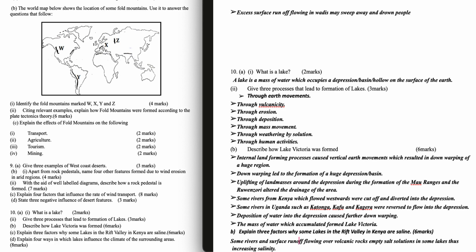Downwarping led to the formation of a huge depression. Uplifting of land masses around the depression during the formation of the Mau Ranges and the Ruwenzori altered the drainage of the area. Some rivers from Kenya which flowed westwards were cut off and diverted into the depression. Some rivers in Uganda such as Katonga, Kafu, and Kagera were reversed to flow into the depression.